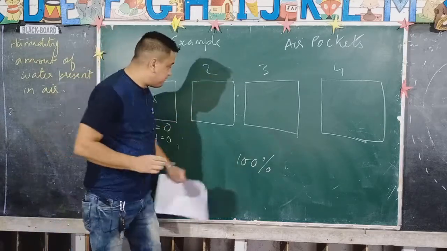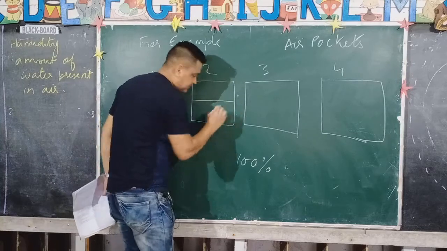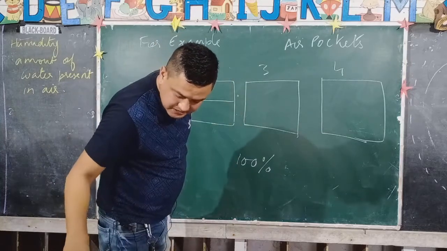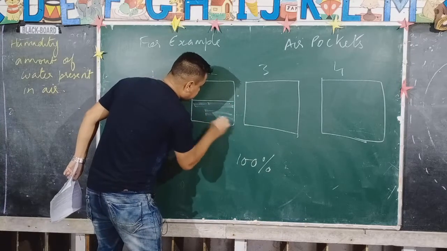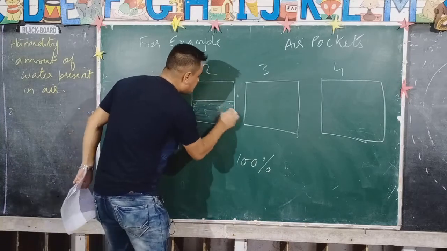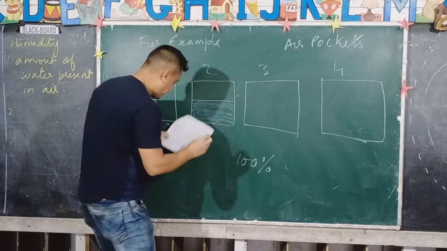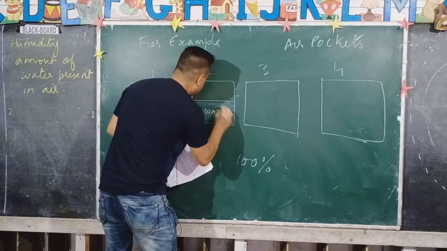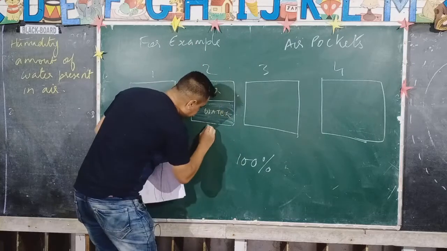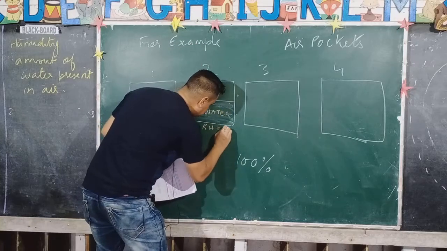But here I will draw a line and mark that the water present in this air pocket is basically 50%. So here you have water, here you have air. So 50% RH is here.